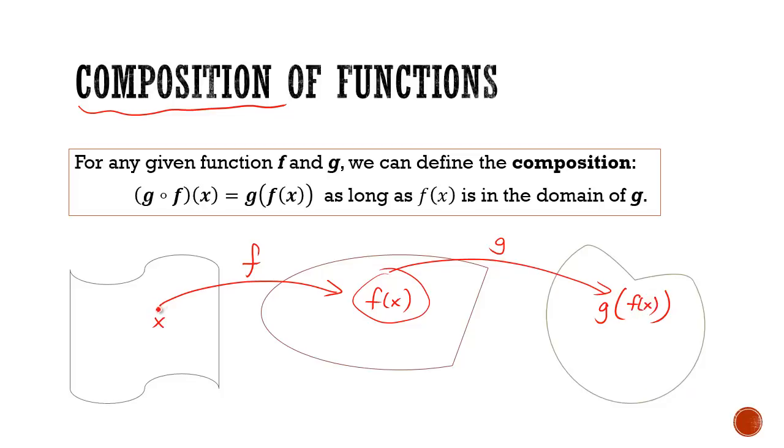So your original x is transformed by two rules, one within the other. So the total is referred to as g of f.